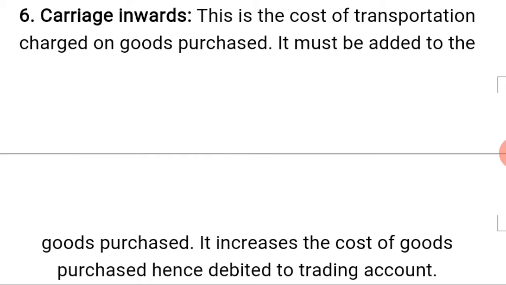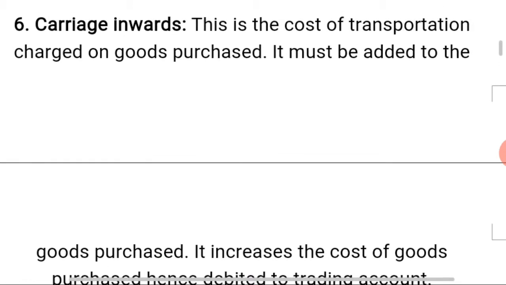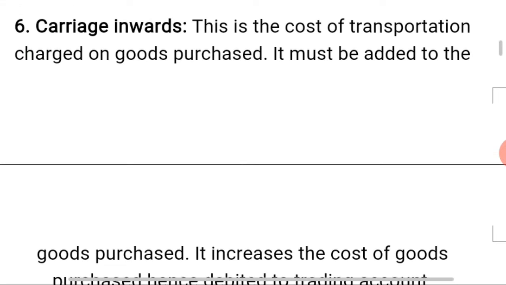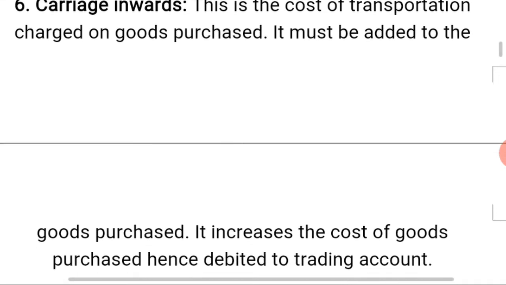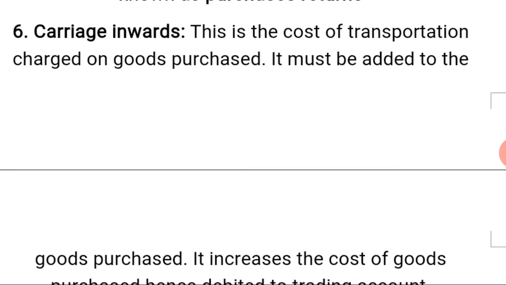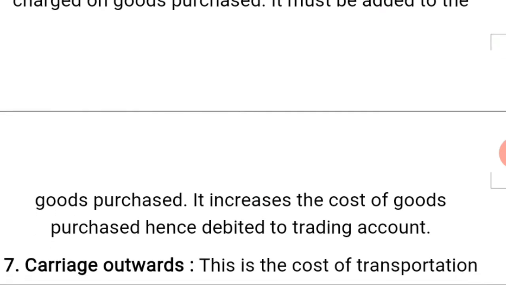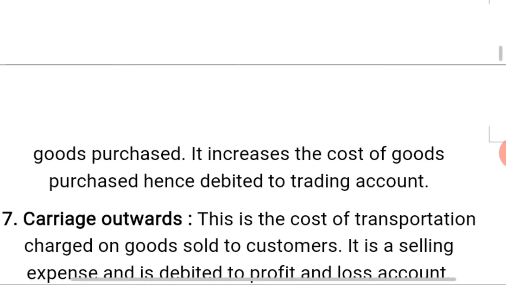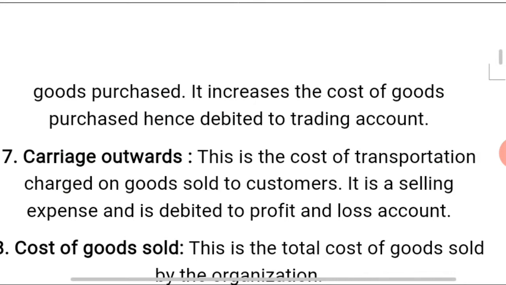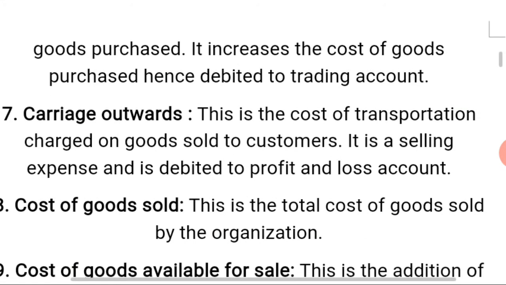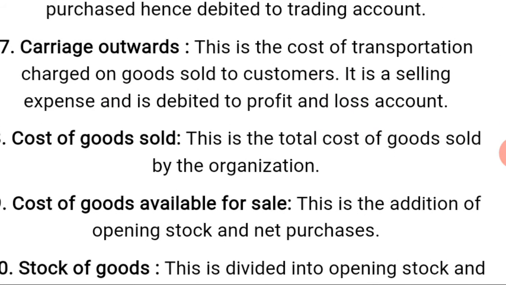What we are saying here is that the cost of transportation of goods purchased by the business from the supplier to the business premises is what we refer to as carriage inward, and it is to be added to the cost of goods purchased, to the purchases, and it is debited to trading account.